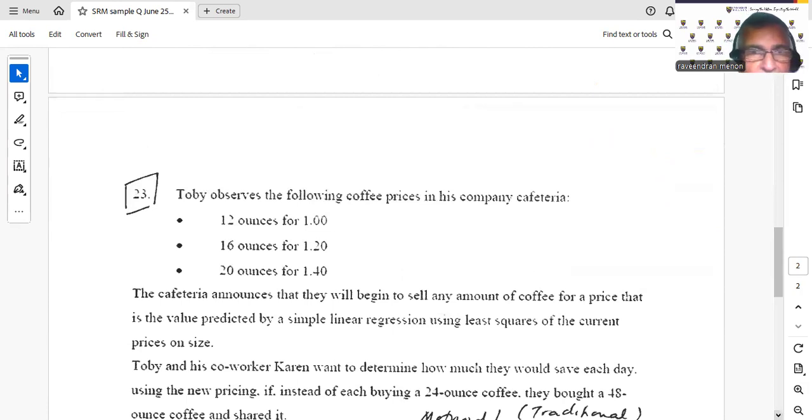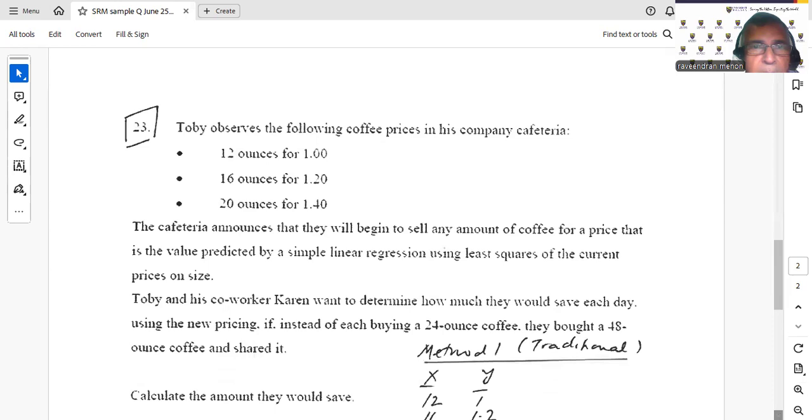The prices are 12 ounces for $1, 16 ounces for $1.20, and 20 ounces for $1.40. The cafeteria announces that they will begin to sell any amount of coffee for a price that is the value predicted by a simple linear regression using least squares of the current prices on size.